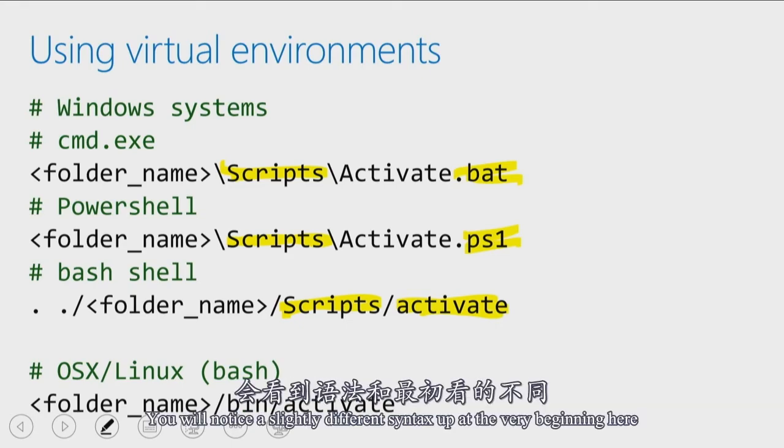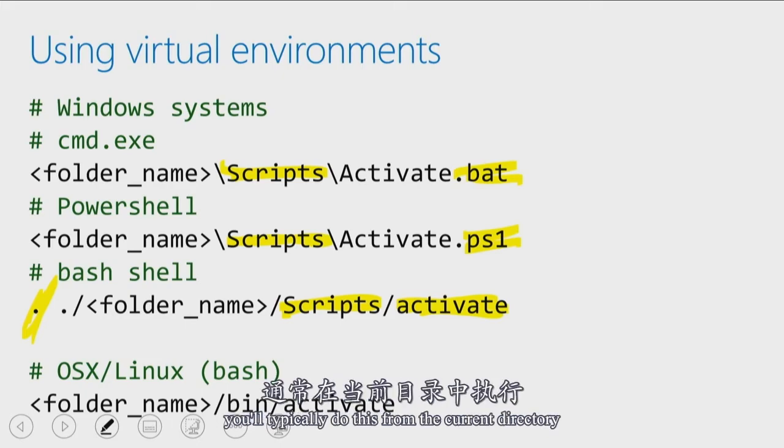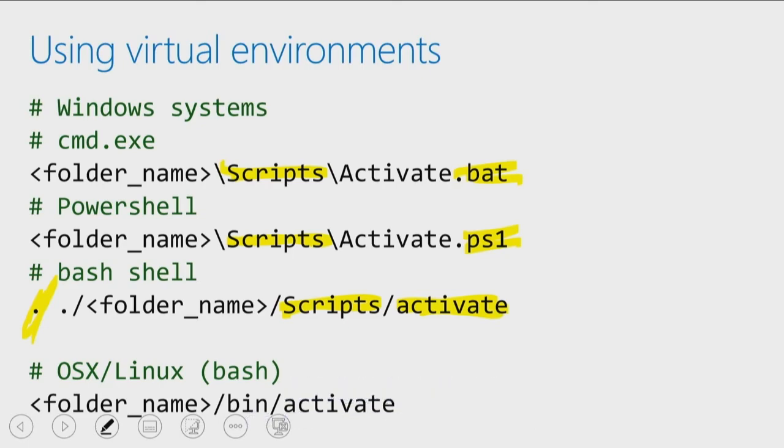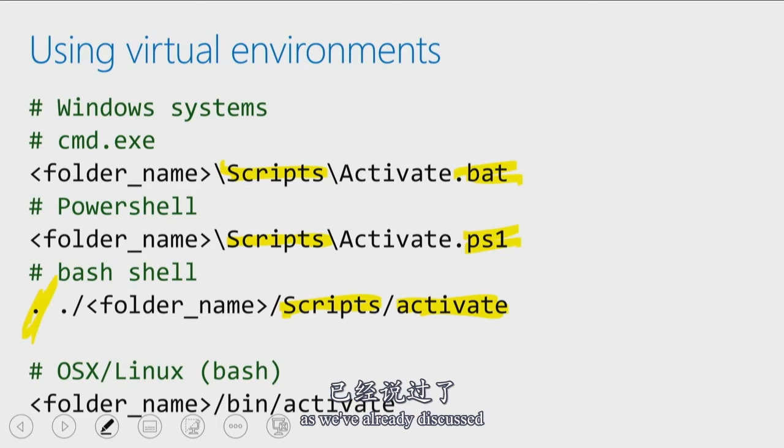You will notice a slightly different syntax up at the very beginning here. You are going to notice that little dot, and then a space, and another dot, and then the path to your folder. That first dot is the location of your source code. You'll typically do this from the current directory. That is the syntax that you're going to need. Again, I've got placeholders for my folder names, as we've already discussed.